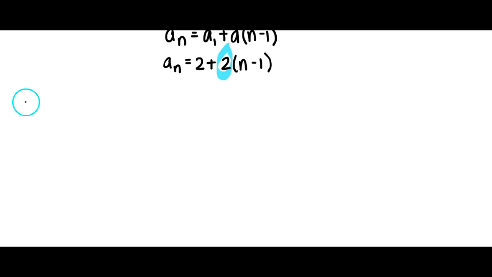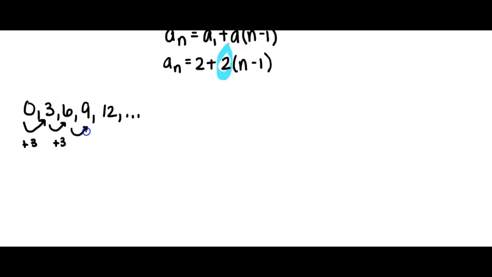So let's say we have 0, 3, 6, 9, 12, and so on. So I want to say, how do you get from 0 to 3? Add 3. 3 to 6, add 3. 6 to 9, add 3. You guys get the theme?